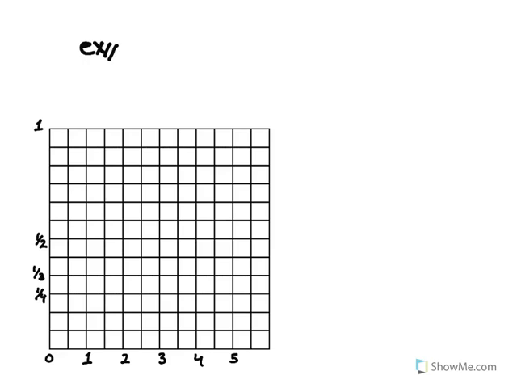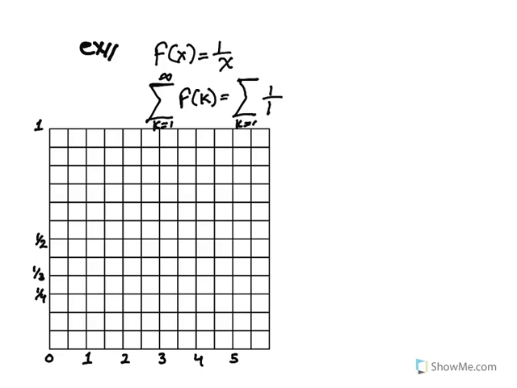The example is, let's consider the function f of x equals 1 over x. And then of course the series will be the series from k equals, let's say, 1 to infinity of f of k, which is the same as saying the series 1 over k.